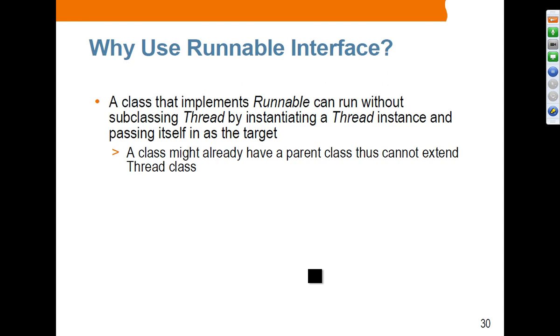The reason you have to use the Runnable interface is that some classes already have a parent class, which means that class cannot extend the Thread class. In that case, if you want that class to be executed as a thread, it has to implement the Runnable interface.